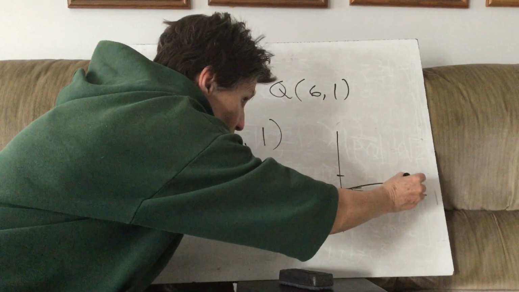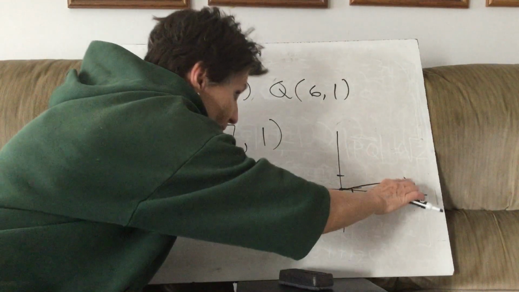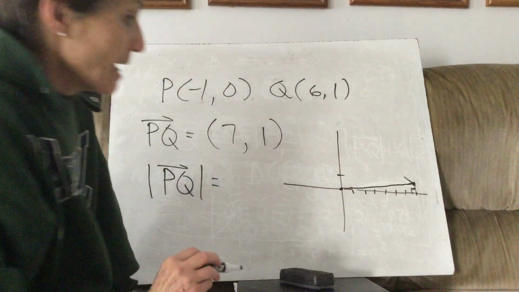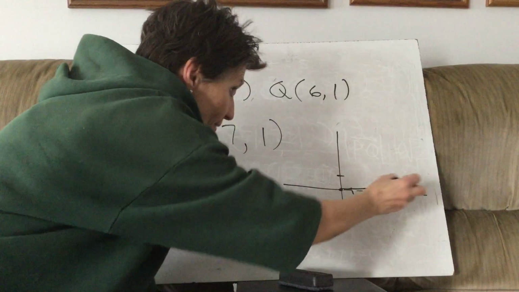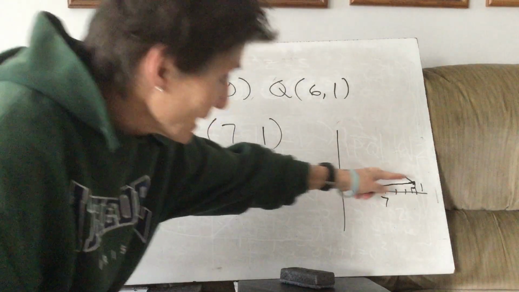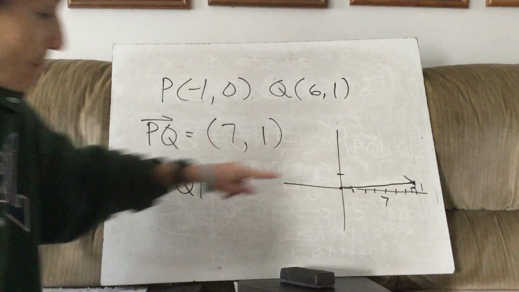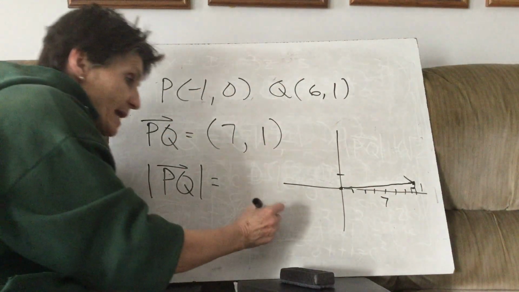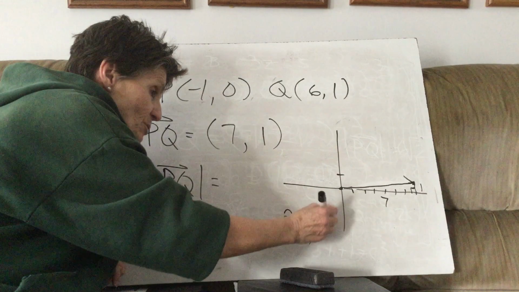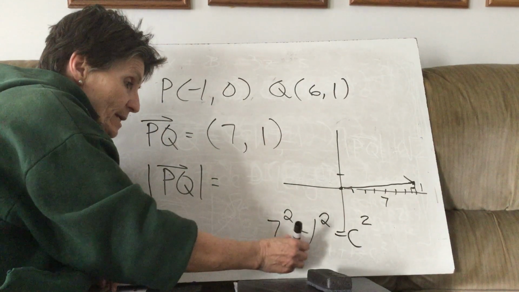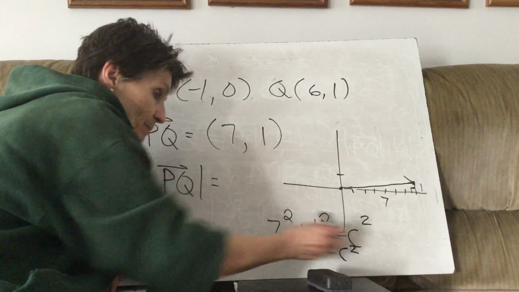So now I'm going to make a little right triangle. And I know I went over 7 and up 1. So now I'm going to find the length, because that's what this means. That means the length. So the length of that would be a squared plus b squared equals c squared. So 49 plus 1.